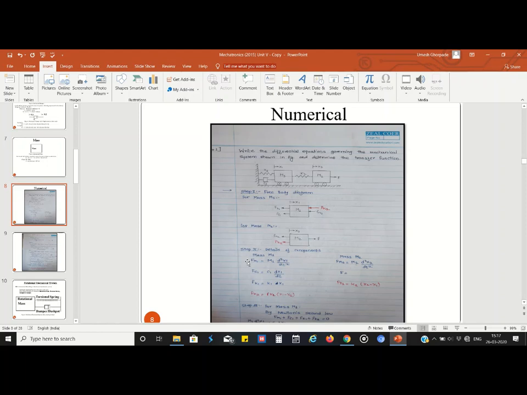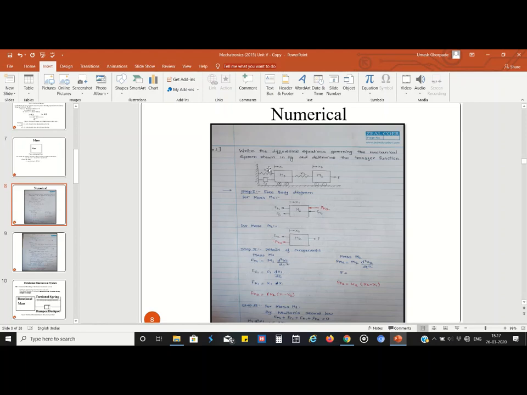Now the second step, that is the important one, the details of the components. So for mass m1 and for mass m2 we take the details of these components. So Fm1, that is the force applied in the mass m1, is equal to m1 into acceleration. Displacement is x1, so d square x1 upon dt square.